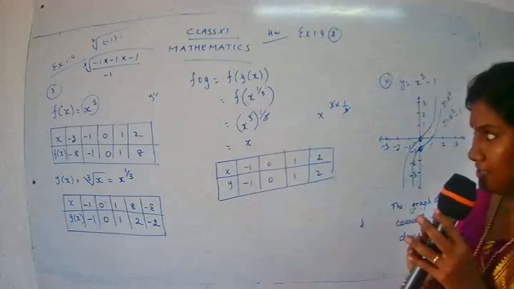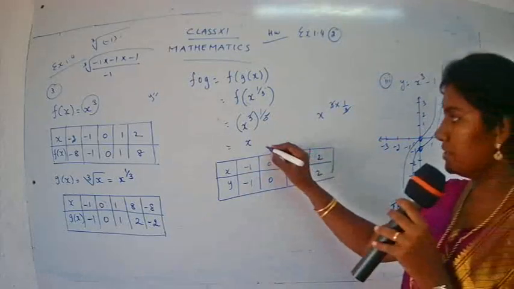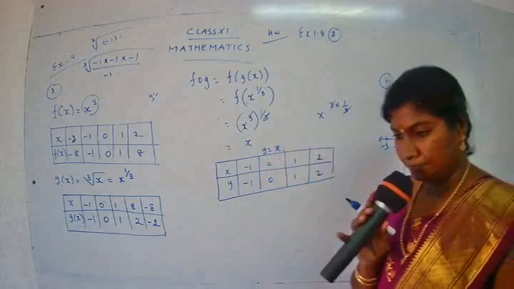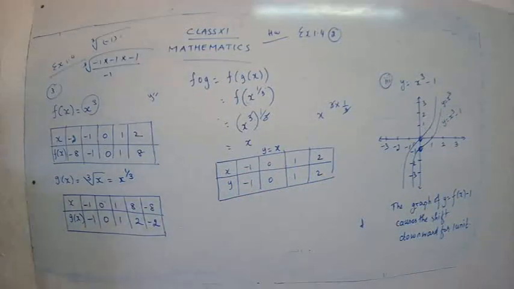So same values, we get the same values. Just focus on the tables. So this is for y is equal to x. Draw all the 3 tables, and now we are going to start with the graph part. We will draw the graph, and with the help of the graph we will try to explain the result that we get.